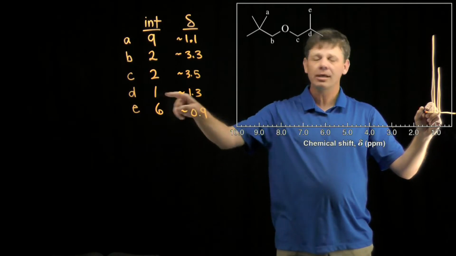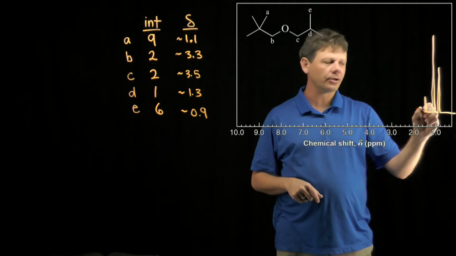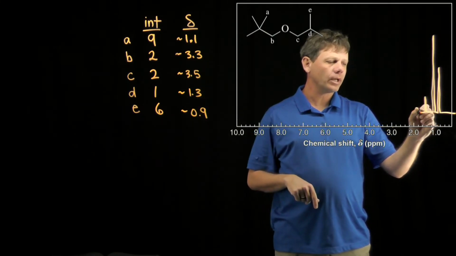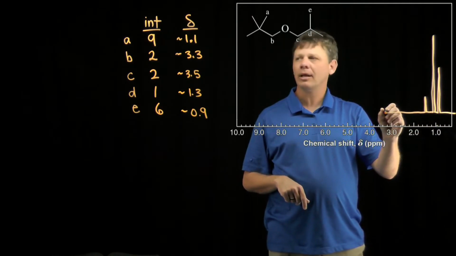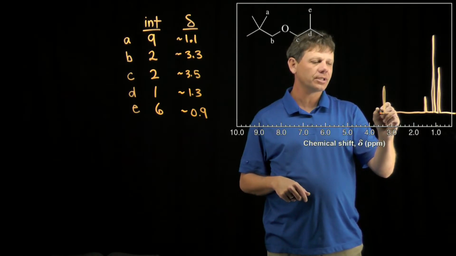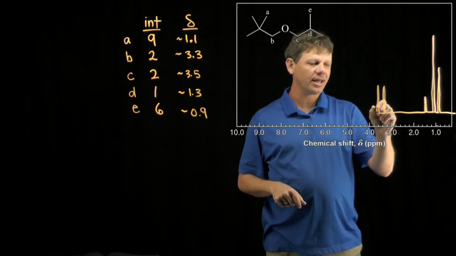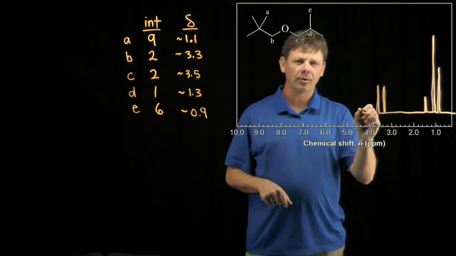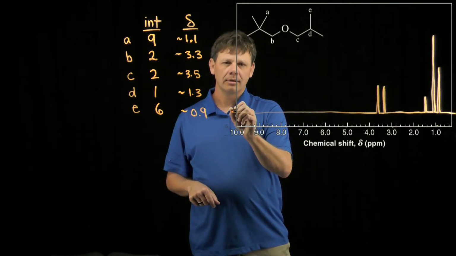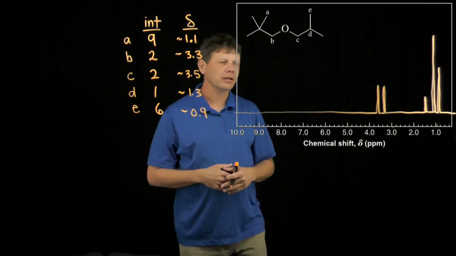This is about 1.3, but it's going to be a smaller peak because it's only going to integrate to 1. And we'll assign integral values later. Now we're going to go all the way past 2, past 3 to around 3.3. We've got 2 hydrogens, so a little bit taller than the 1 hydrogen, then over to 3.5, about the same height as that. And then we would keep going. A little too far. There we go. So it would look something like that.